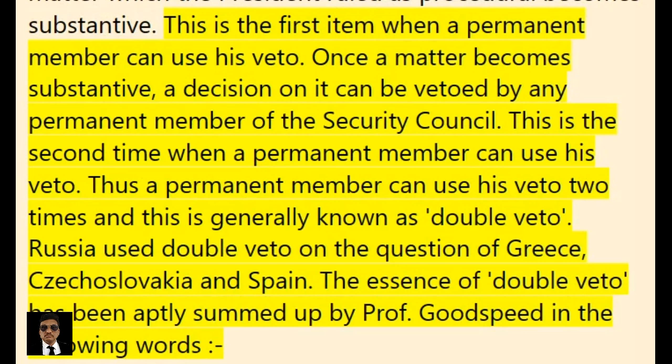Once a matter becomes substantive, a decision on it can be vetoed by any permanent member of the Security Council. This is the second time when a permanent member can use his veto. Thus a permanent member can use his veto 2 times, and this is generally known as double veto.